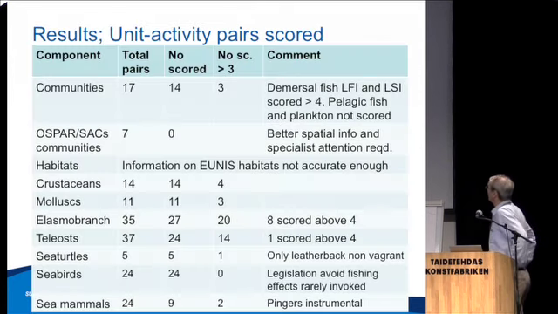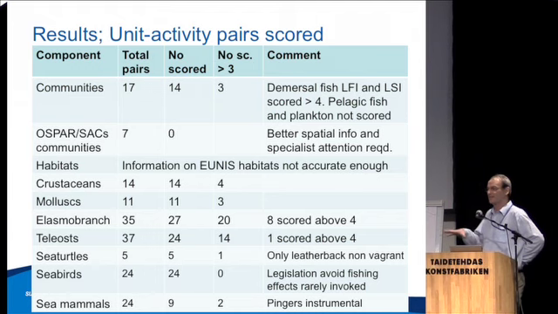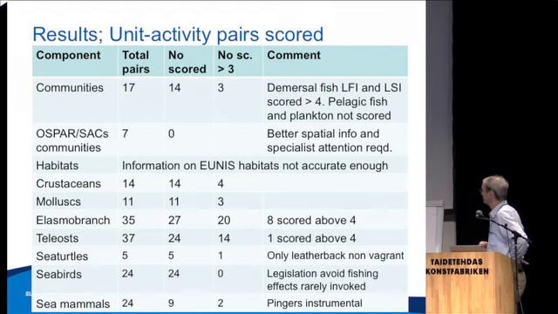Okay, so for communities, the total pairs looked at were 17. Some we didn't score, and I think on the original technique, the idea was you gave those a number 5 all the way across. We didn't do that. We just said we can't score this, we have to pass it on and get other people to look at it. Numbers scored above 3 were 3.